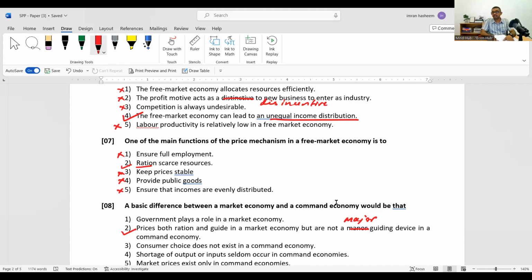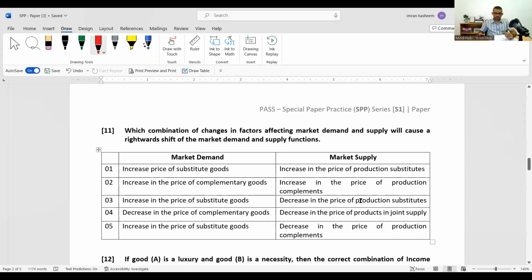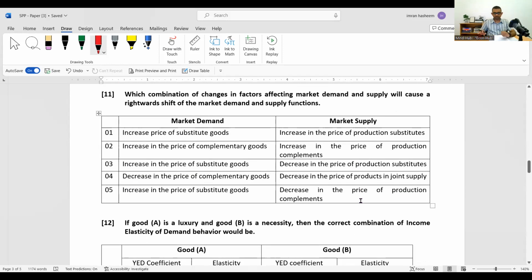That is not the case. Even if you're a market economy, based on the price mechanism, full employment might not have been achieved and unemployment might be there, but the price mechanism might still be doing its job of providing information, incentive, and rationing. Got it? Right.